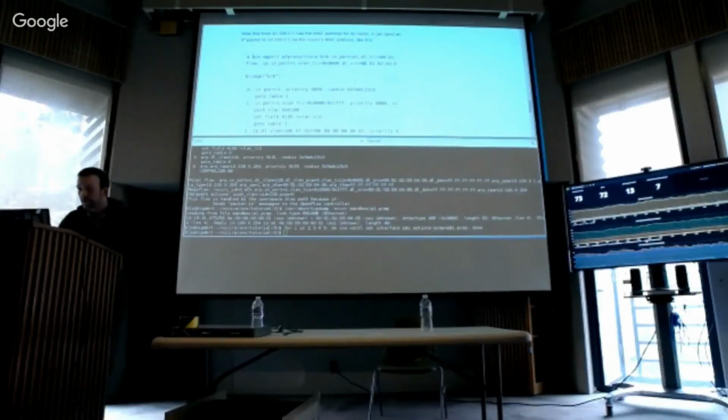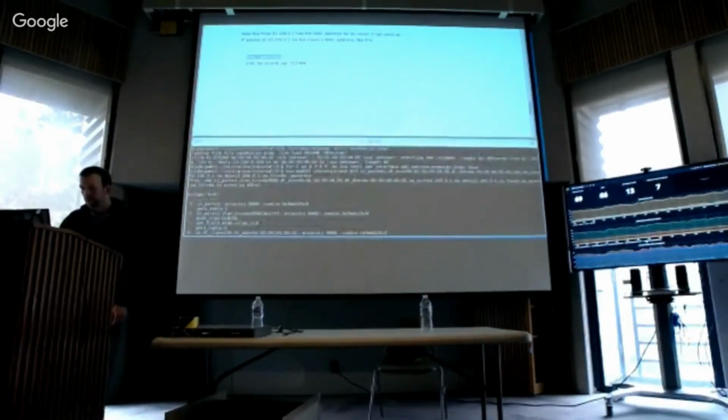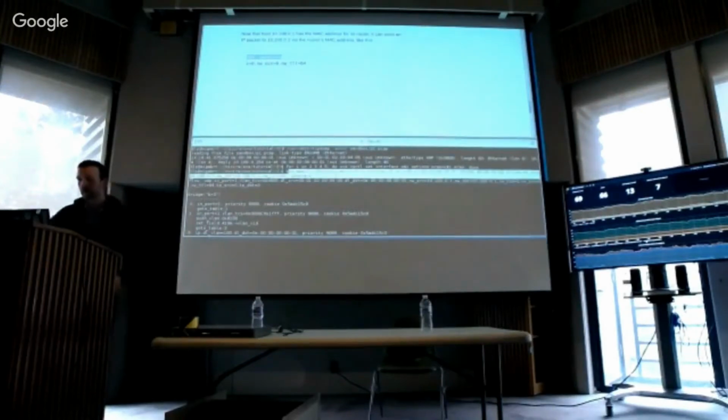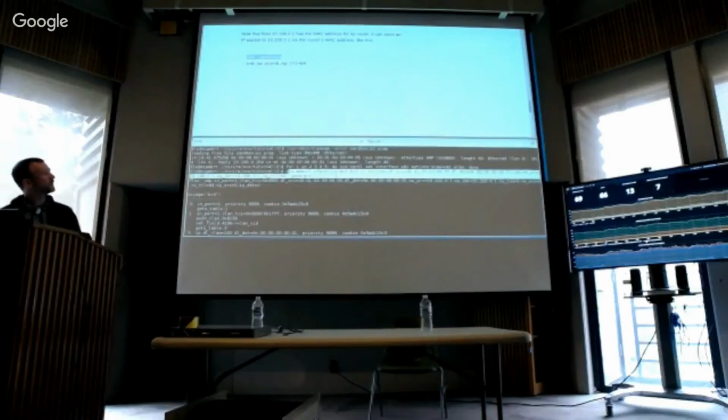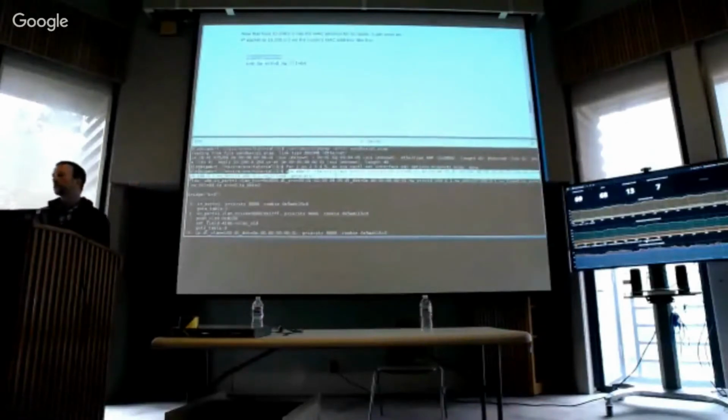So let's see what happens when we tell OVS to simulate that. As you can see, what we've got here is a packet coming from our host with the host's IP address and MAC address, destined to the router's MAC address, and with the IP destination of the host we want to go to.